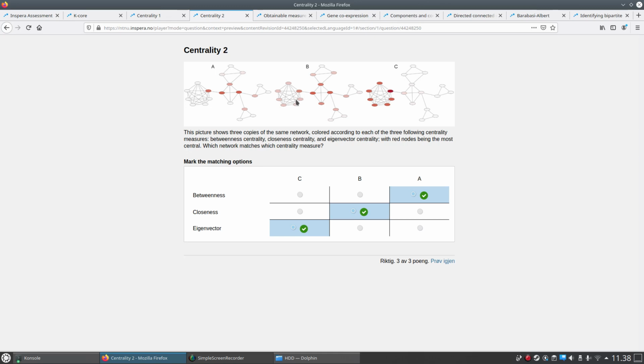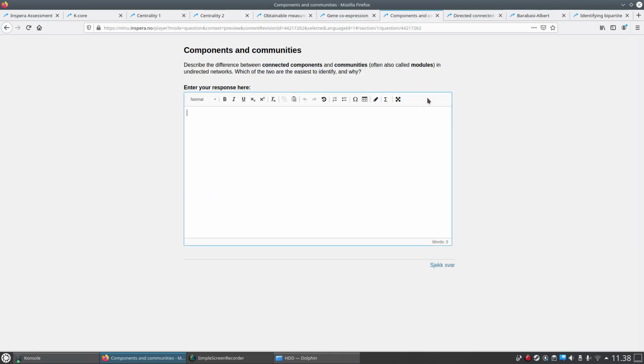Or in the community division of the network. So, connected components are subnetworks where all nodes can be reached from all other nodes in the same connected component.